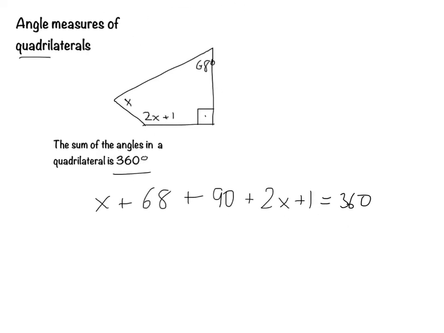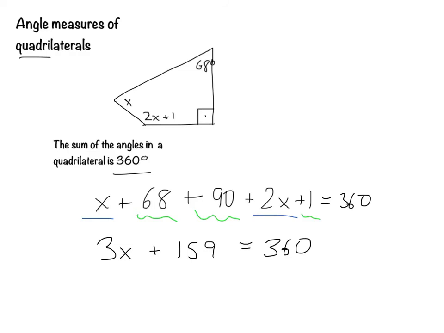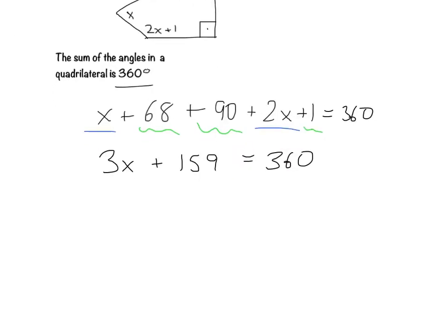So let's combine some like terms. I have x's there and x's there, so 2x and an x gets me 3x. Then I have a 68, a 90, and a 1, and put all those together, that's 158 plus 1, which is 159. So 3x plus 159 equals 360. We're solving for x, so we've got to get it by itself. Let's subtract the 159 from both sides first.